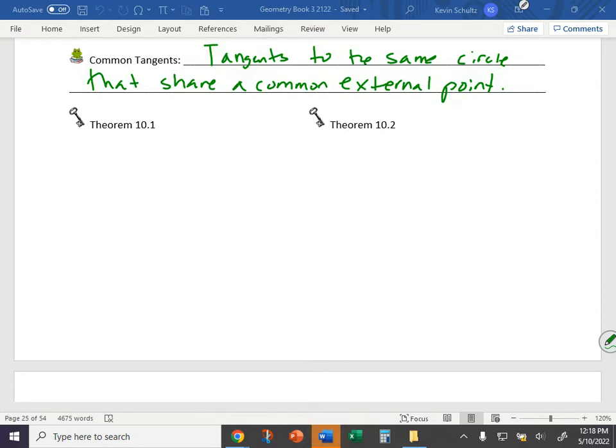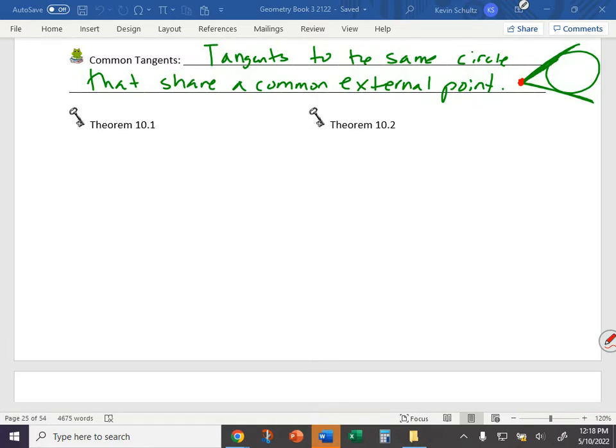Tangents to the same circle that share a common external point. Okay. So, for example, we have a tangent coming up like, just pretend that it just touches it there. Okay. And a tangent coming down like this. Okay. They'd be common tangents. They share that external point. Okay.